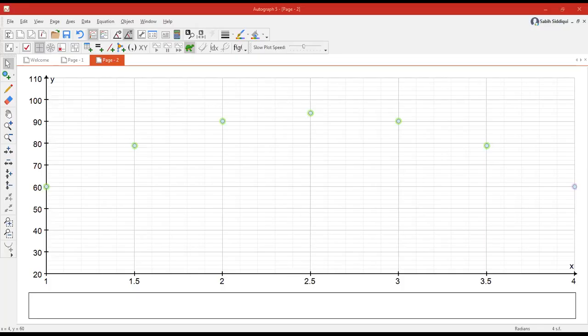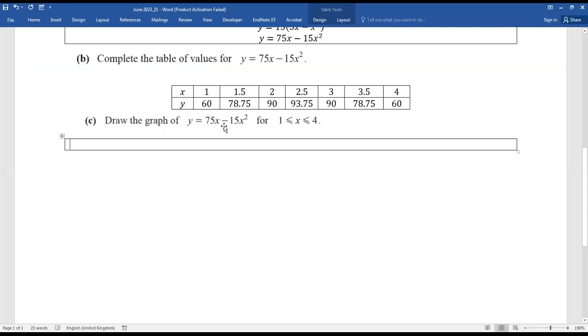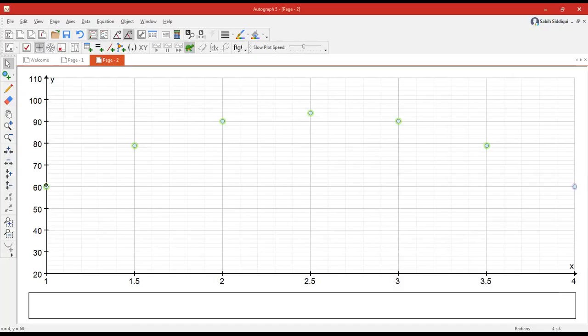Part C says that draw the graph of y equals to 75x minus 15x squared. The grid is already provided. The first thing that we will do before drawing a graph is plot all these points. And once we are done with plotting all these points, we'll join them with a smooth curve. And that is how we will plot this entire graph.